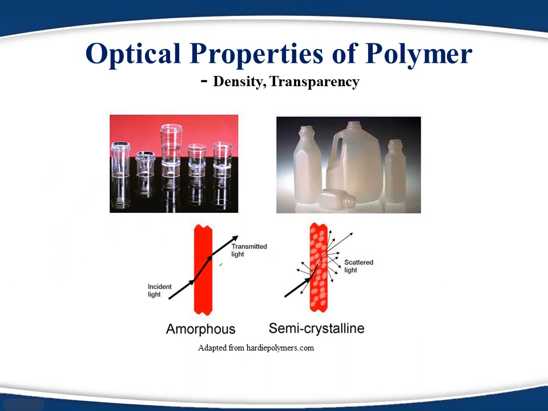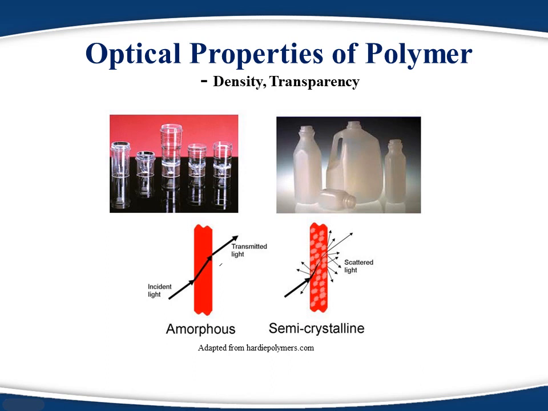Optical properties of polymer are very important for consumer goods like glasses, water bottles, packaging film, etc. Optical properties of polymer can be controlled by product manufacturing processes because during the process we can select a condition to have a fully amorphous or a semi-crystalline polymer.